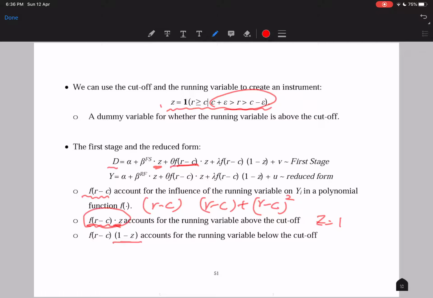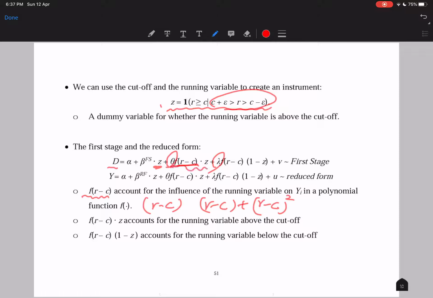We don't have the other one. And when z equals 0, we don't have this term, we only have the other one. So basically, we want to account for the rounding variable separately above the cutoff and below the cutoff, right? So we basically estimate them separately.